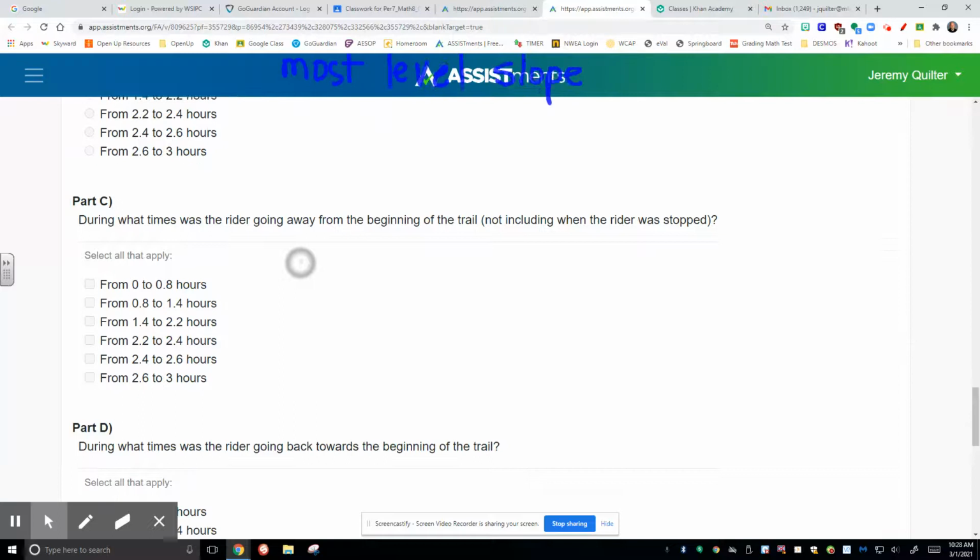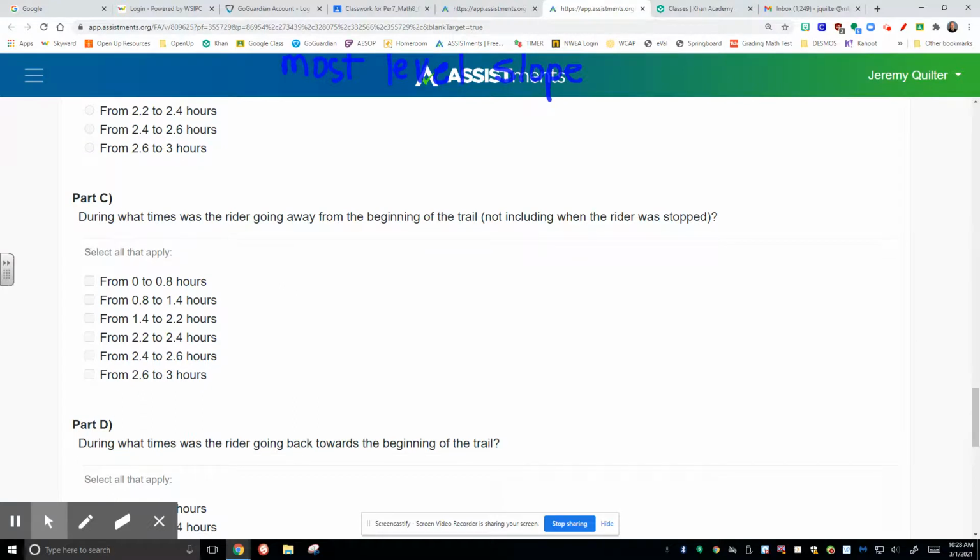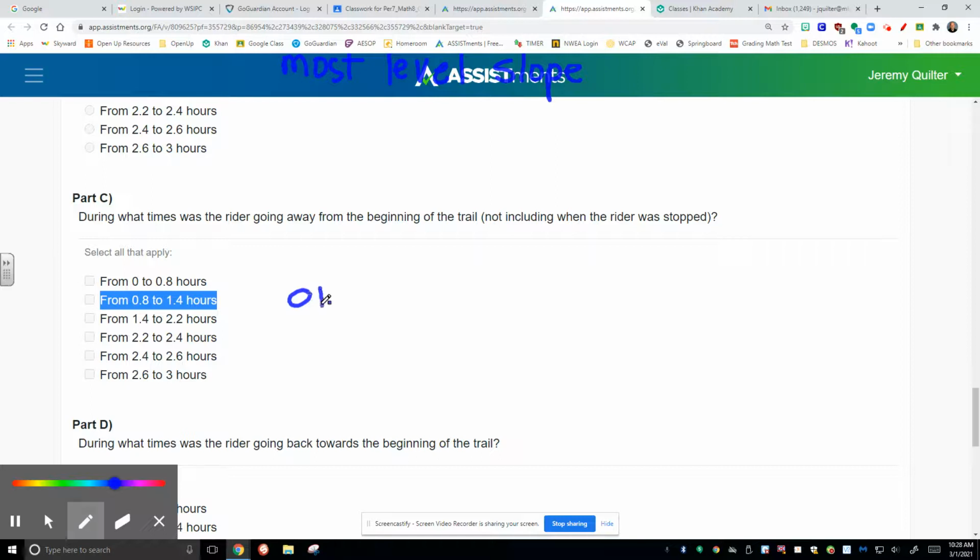During what times was the rider going away from the beginning of the trail? Not including when the rider was stopped, so only when it's traveling away from the beginning of the trail. We have to think about something right there. With the distance, we have to think about when was the distance. I keep writing faster than what the board can keep up with.